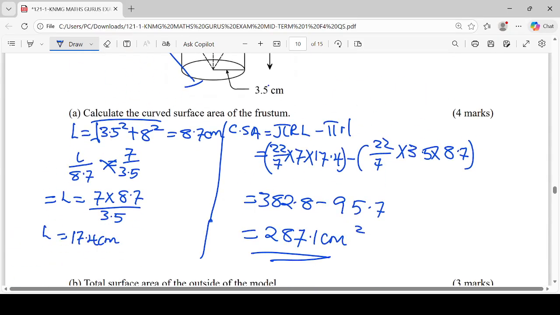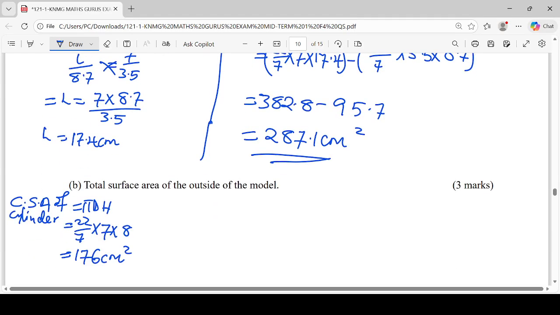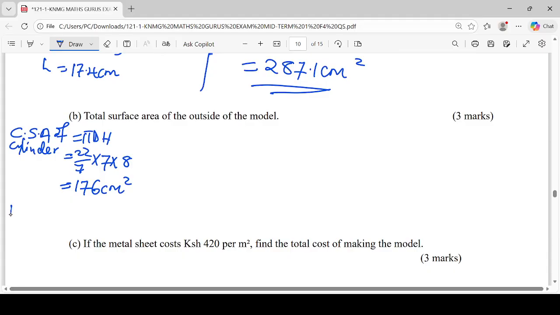After that, I need also to calculate the bottom circular part, which is pi r squared. Because it's circular, it is going to be 22/7 times 3.5 squared. That gives you 38.5 square centimeters.